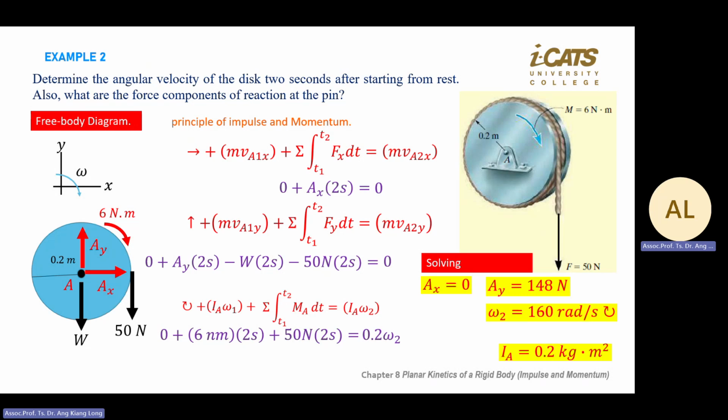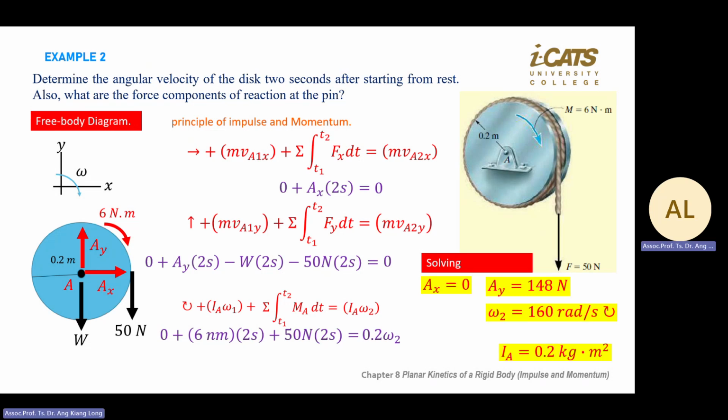It should be this one. It should be multiplied by 0.2 here. This one is missing. This 50 force is converted to moment. F multiplied by 0.2 gets the moment.